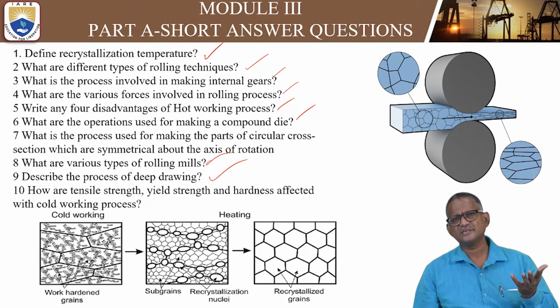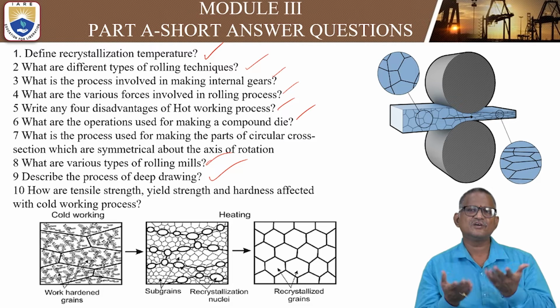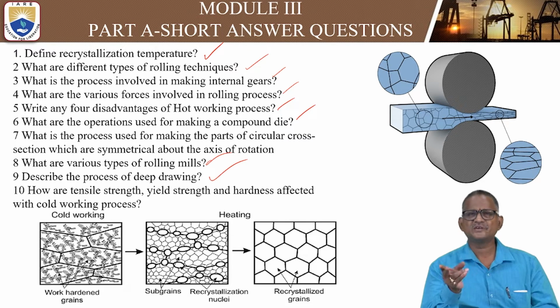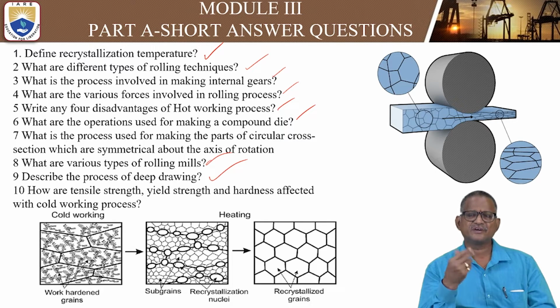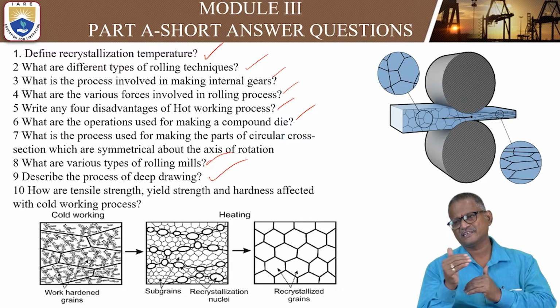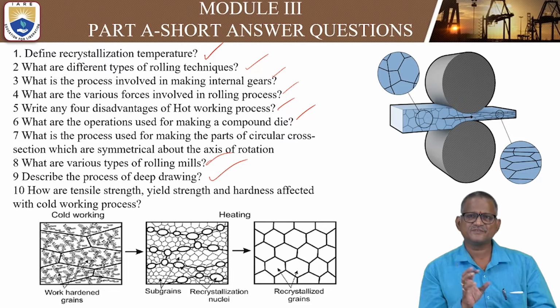Coming to the various hot working processes, the major advantages of hot working are that metals, ferrous or non-ferrous, can easily be formed and there is minimum wastage of material. Since hot working is done above its recrystallization temperature, it gives an average surface finish.